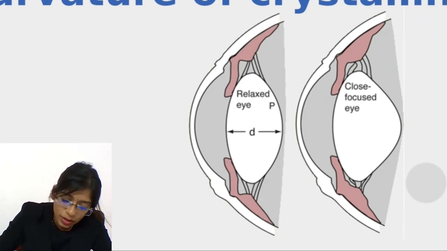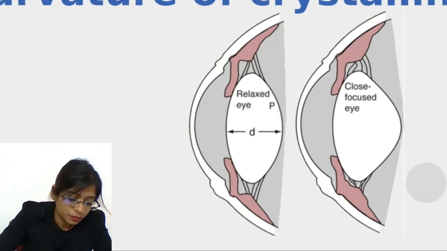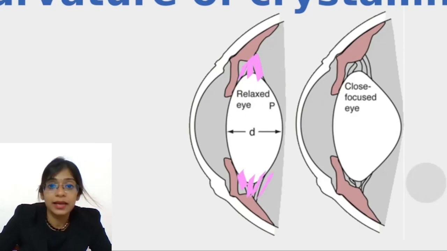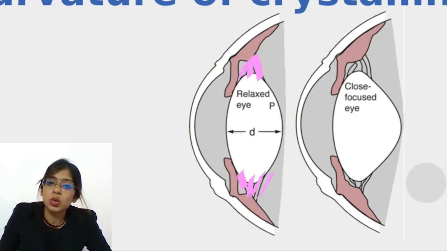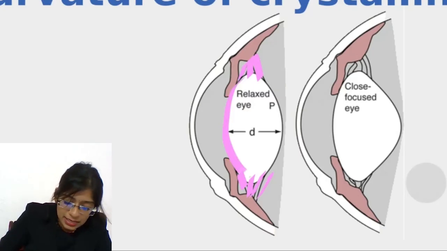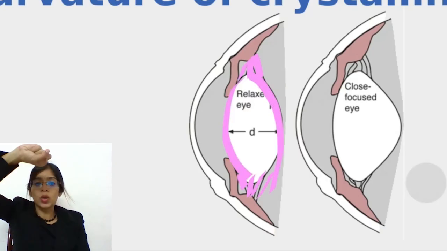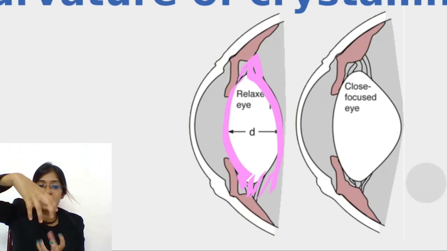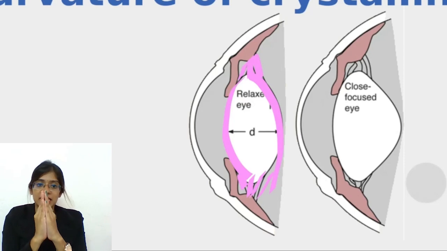From the ciliary body you can see these thread-like structures, which are called zonules. These zonules are holding the lens tightly in position, from above and from below.